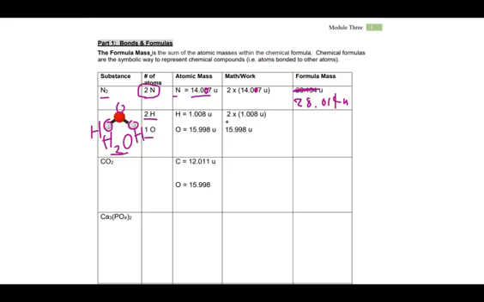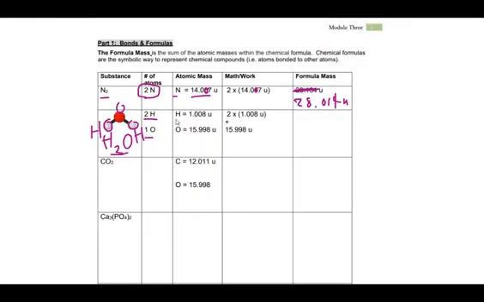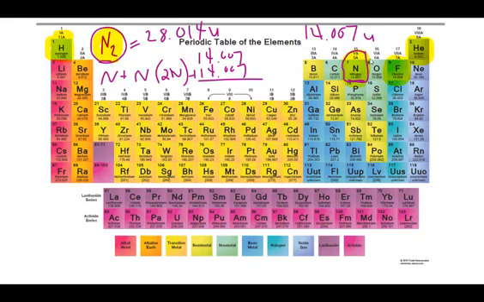So we're going to look back at my periodic table, and we're going to look at hydrogen up here in the top left. We see that one hydrogen has a mass of 1.008. So we see here 1.008 for hydrogen. And let's look at my oxygen over here on the right. Notice it's atomic number 8, and 1 oxygen is 15.999.